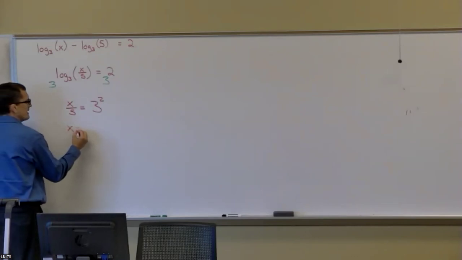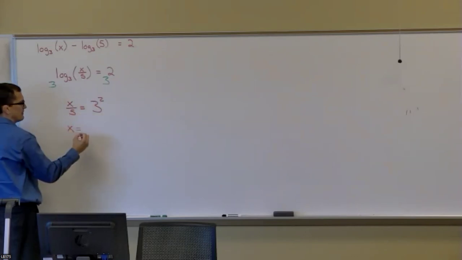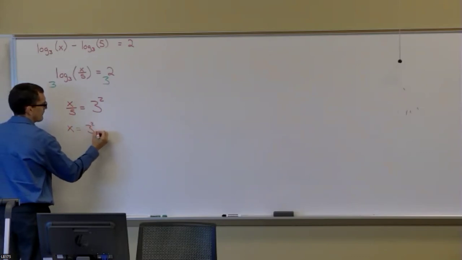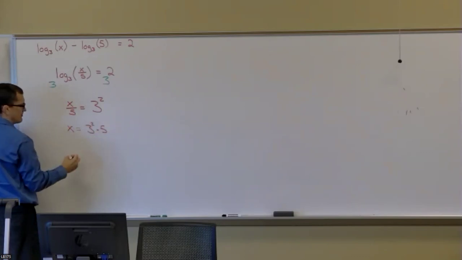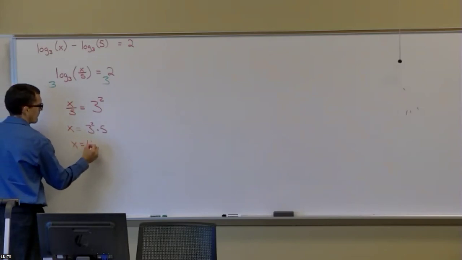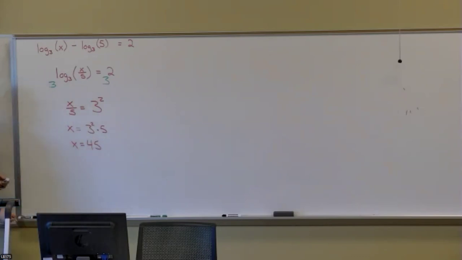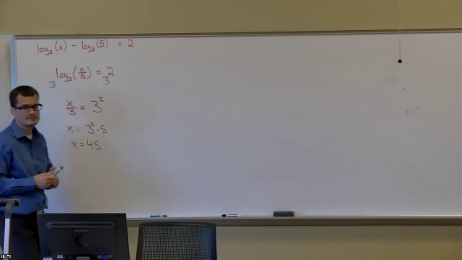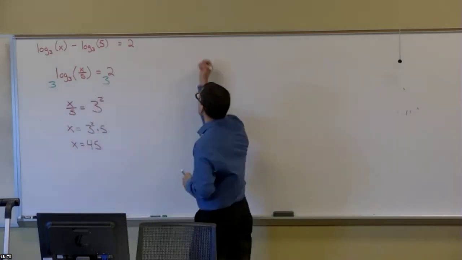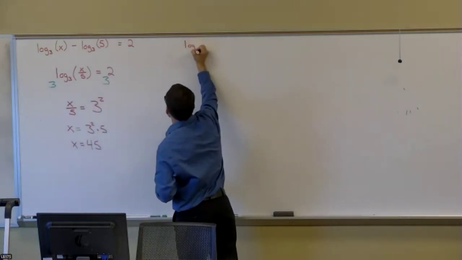So x is simply going to be, multiply both sides by 5, 3 squared times 5 is 9 times 5, which is 45. So x would be 45. That's probably your easiest option.